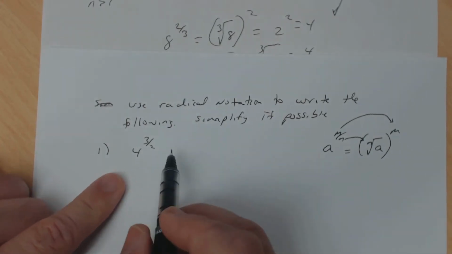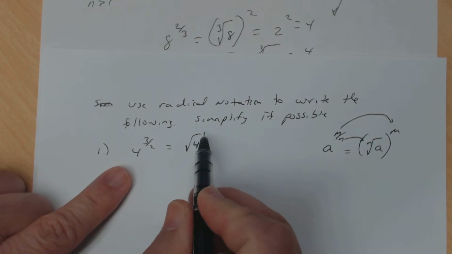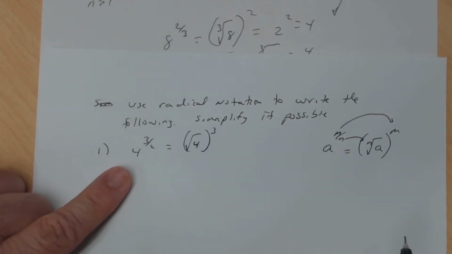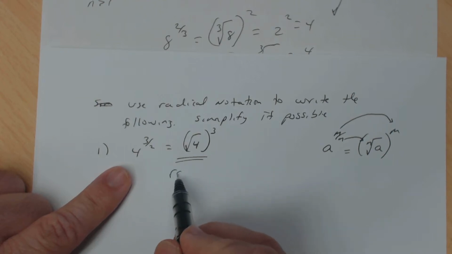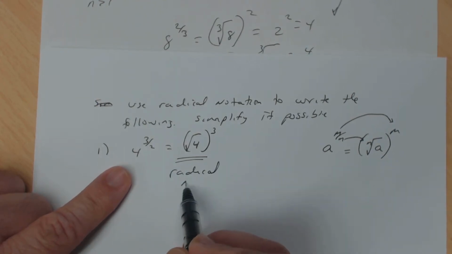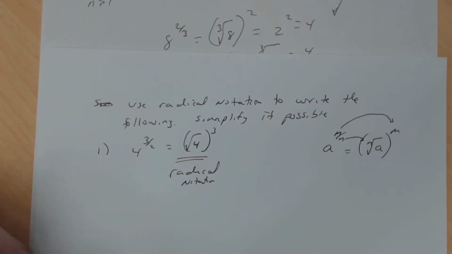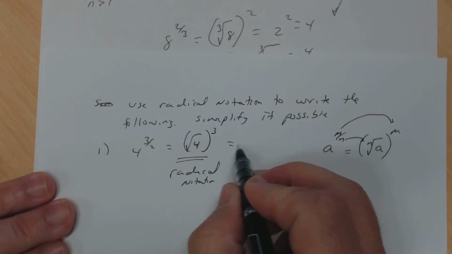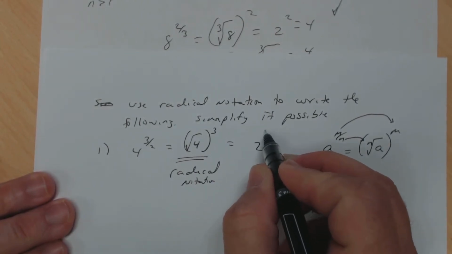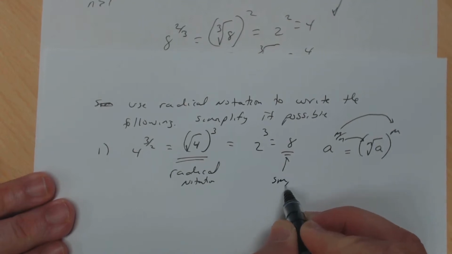So in radical notation, that's the square root of 4, all raised to the 3rd power. Make sure you understand what to put in the blank for radical notation. Now simplifying: the square root of 4 is 2, and 2 cubed is 8. So that's your simplified answer.